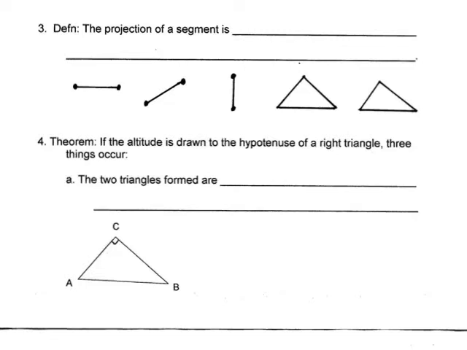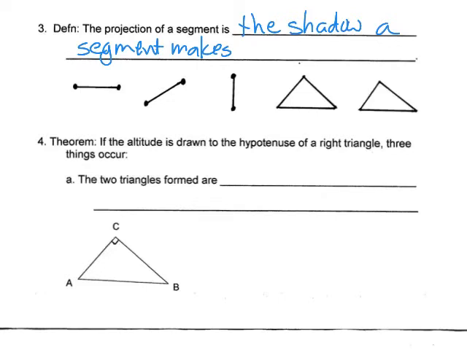So the projection is the shadow a segment makes, from the vertical direction, or usually the vertical direction.